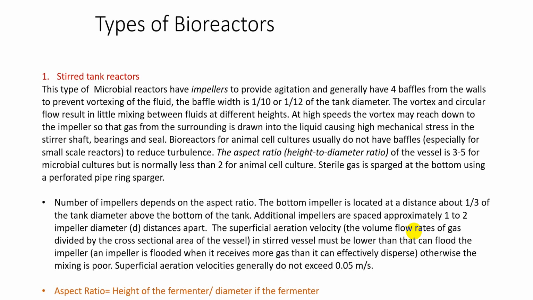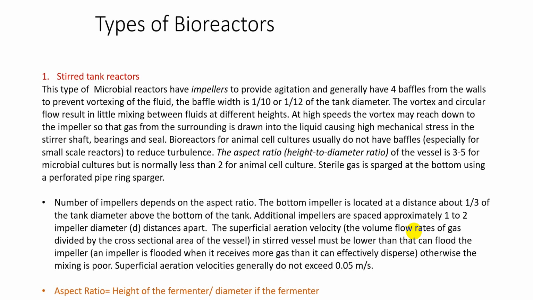Now the aspect ratio is a very important term. Aspect ratio is the ratio of the height of the fermenter to the diameter of the fermenter, that is the bioreactor vessel, and it is between 3 to 5 for microbial cultures, but it is normally less than 2 for the animal cell culture. What does it mean?